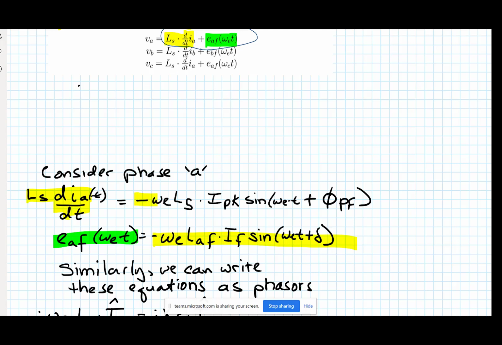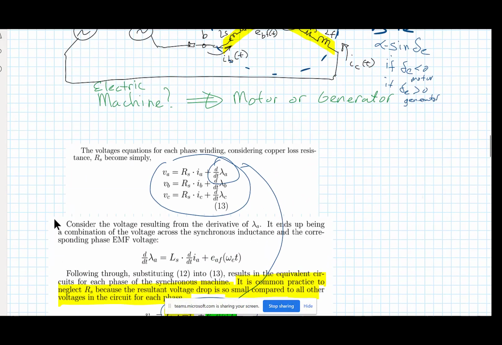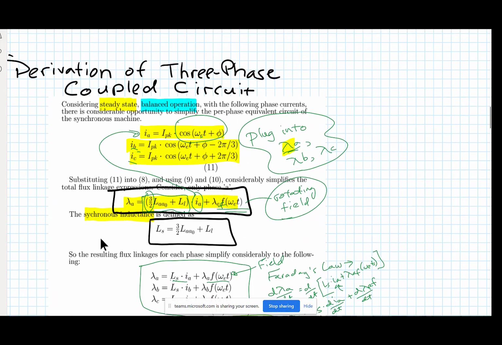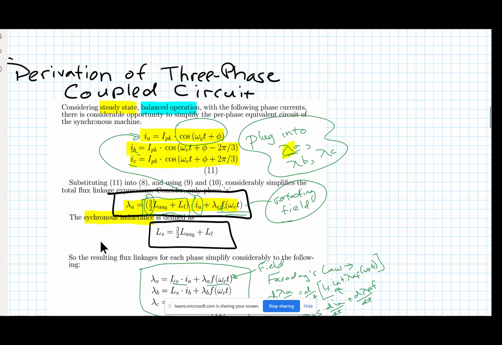There we go. So I've got a power factor angle associated with the current. I think that was up here. See this angle right here? That's the power factor angle.